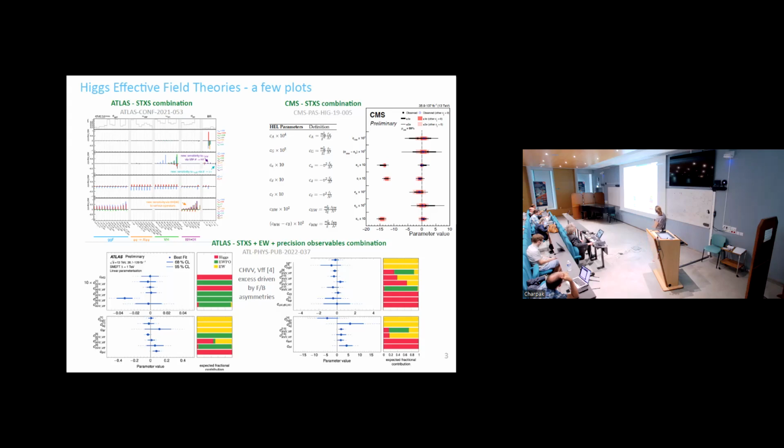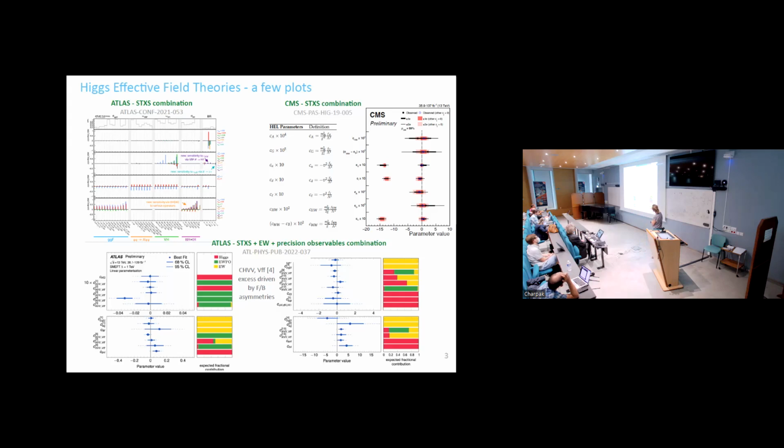Here you have the STXS measurement for CMS, and you can see the interpretation in the Higgs effective Lagrangian model, and it looks compatible with 0. And here are the results for the ATLAS STXS, electroweak and precision observables combination.